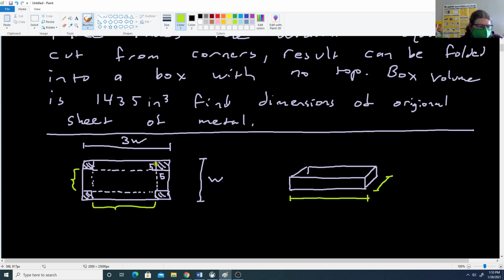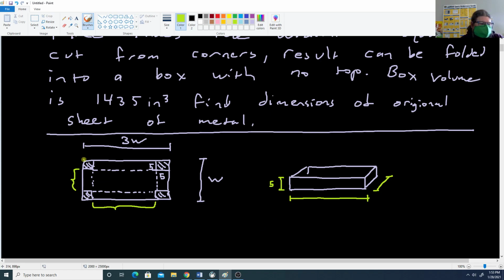We know since these are little 5 by 5 pieces, when you fold them up, this height will be 5 inches tall. So the box height there will be 5.